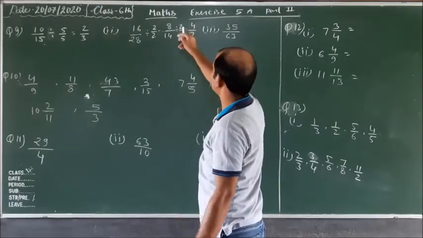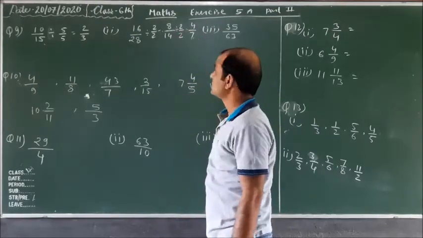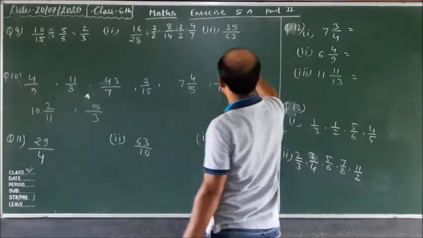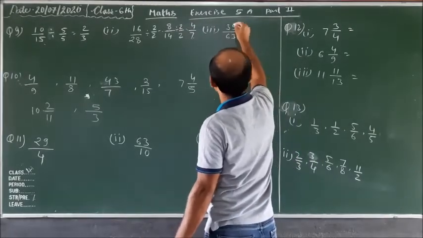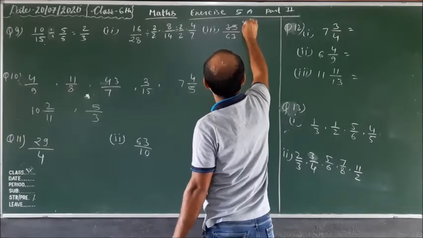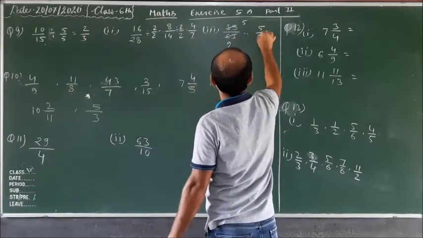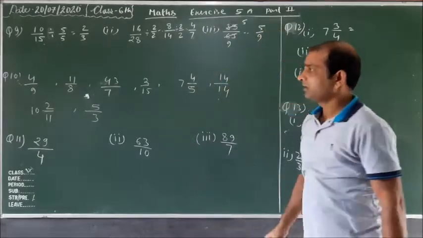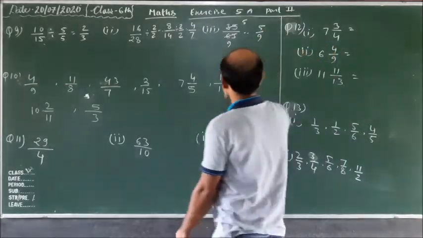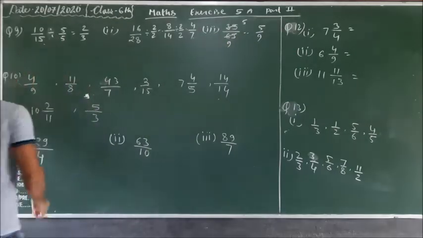So your answer is 4 upon 7. You can also do it this way, dear children. Suppose 7 fives are 35, 7 nines are 63. 5 upon 9. 5 upon 9 is in the simplest form. Okay, you can do it this way.